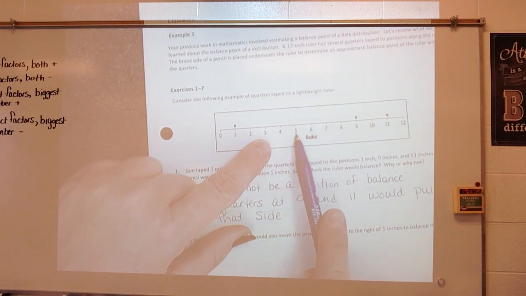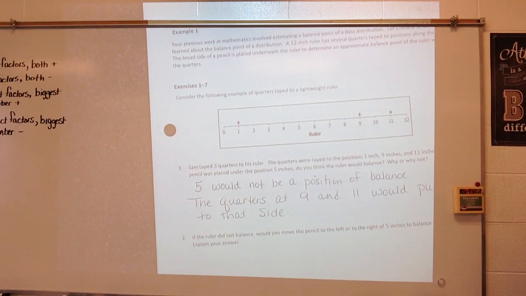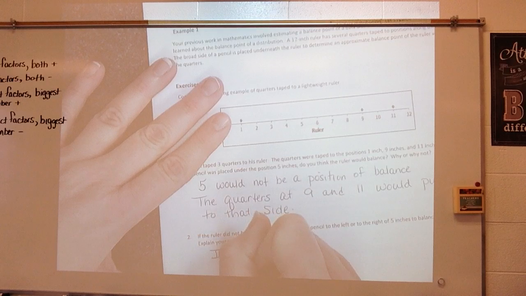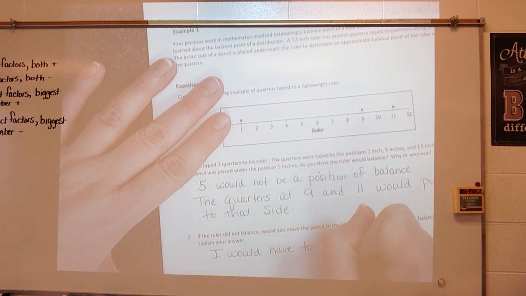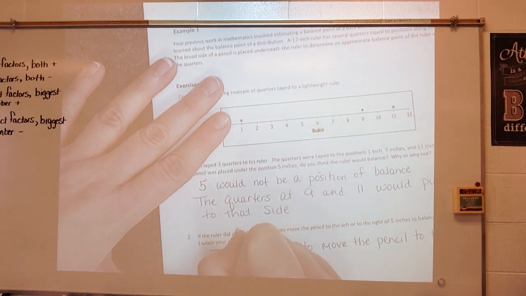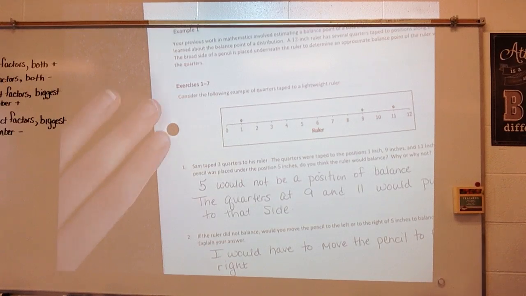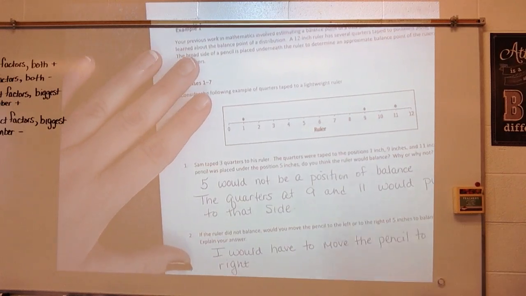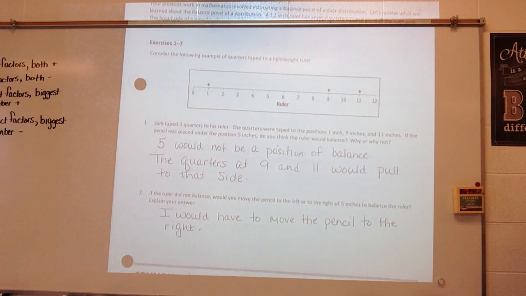So I'm going to have to move my pencil to the right, to the right of 5, because there are 2 quarters on that side. So I'm going to have to move to the right.